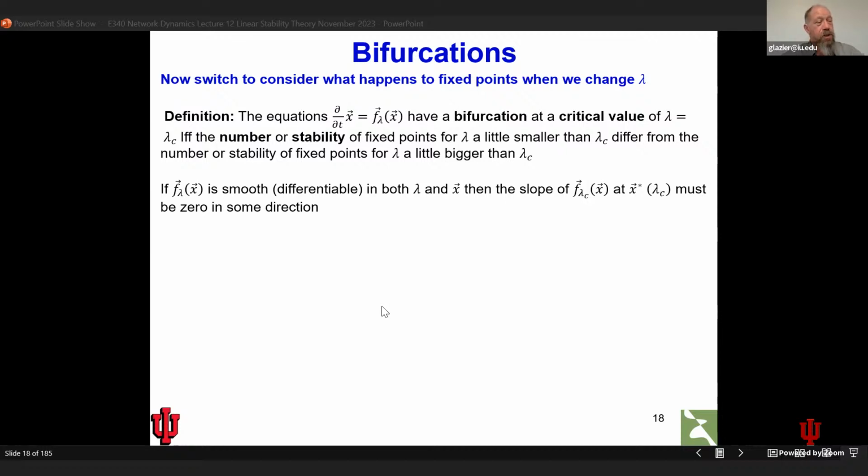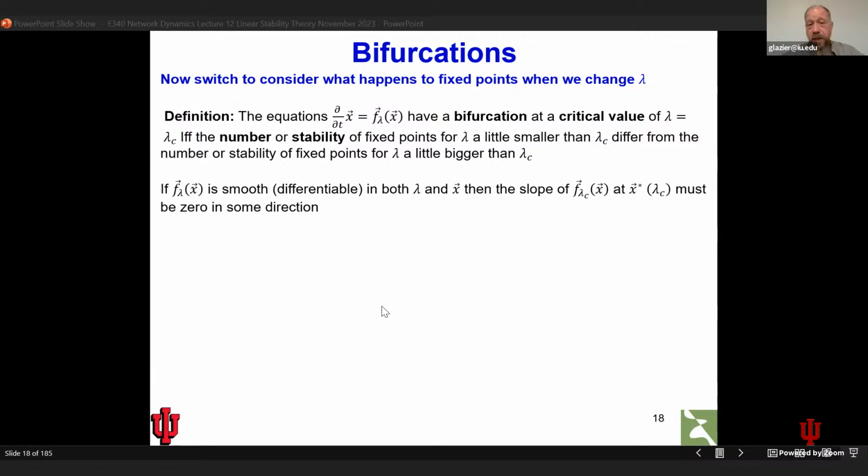We have a bifurcation at a critical value of the parameter, lambda c, if and only if the number or stability of the fixed points for lambda a little bit bigger than lambda c differ from the number on the other side. So if I increase or decrease lambda through lambda critical, either the number of fixed points changes or a fixed point that was stable becomes unstable.